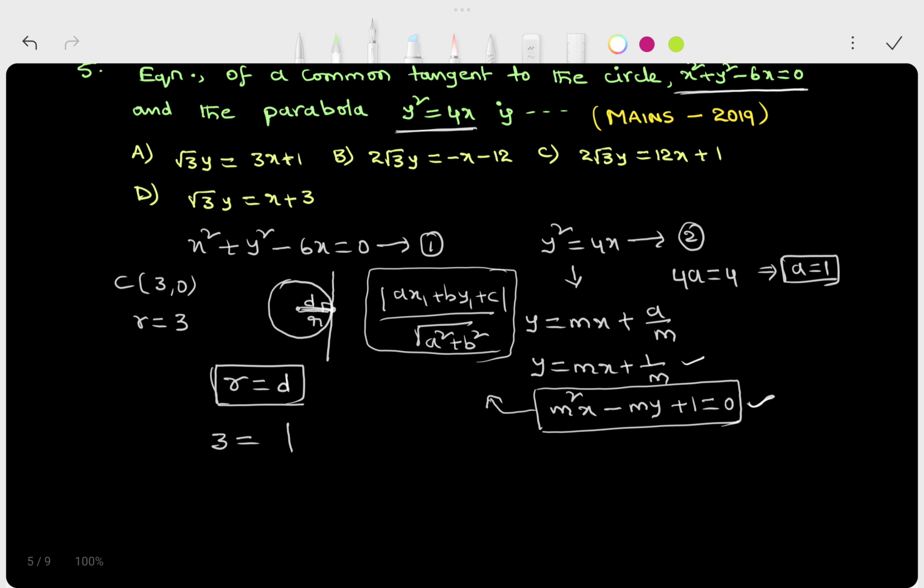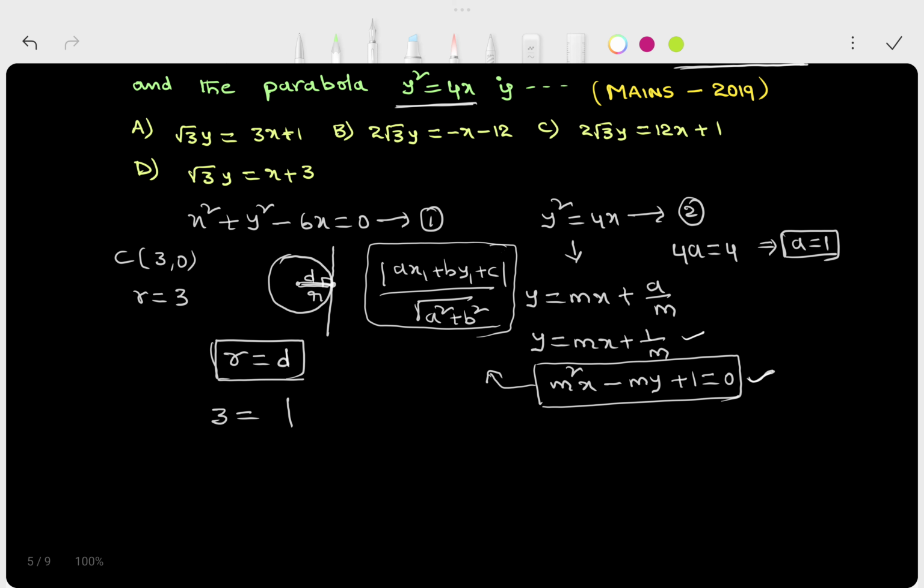By using this formula, you can write: m squared into 3, that is 3 m squared, y value is 0, plus 1, whole divided by root over a squared plus b squared, so m to the power of 4 plus m squared.